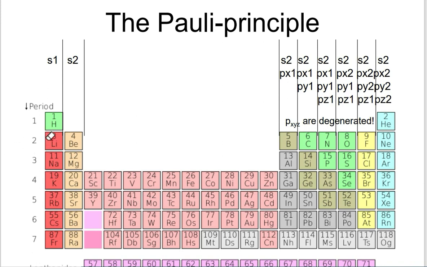For the lithium, we are already at level 2, because level 1 is saturated with 2 electrons. Then we are at level 2, and here we start with the sphere again. When we go to the beryllium, we have 2 more electrons, so these electrons are occupying the sphere in the second level.